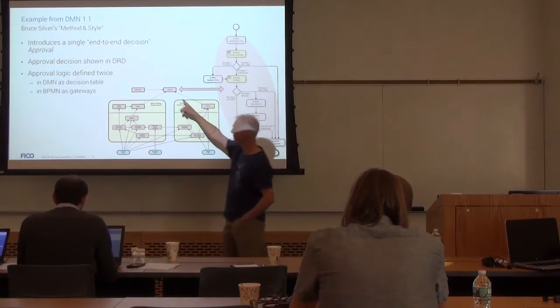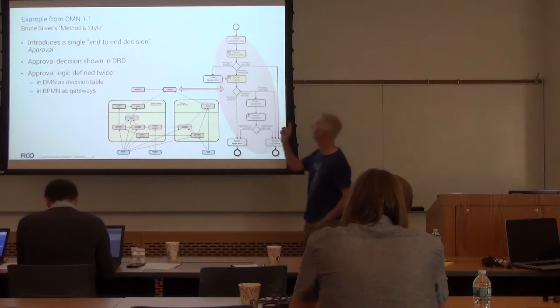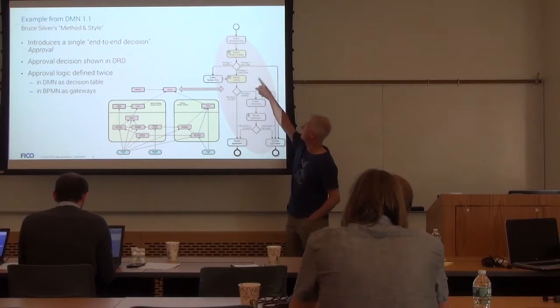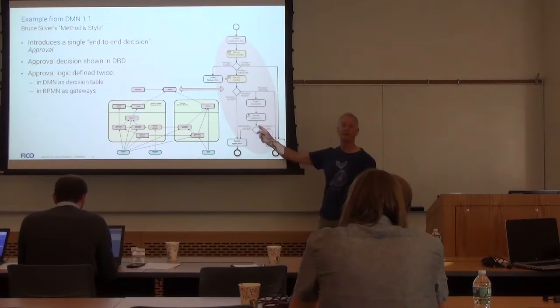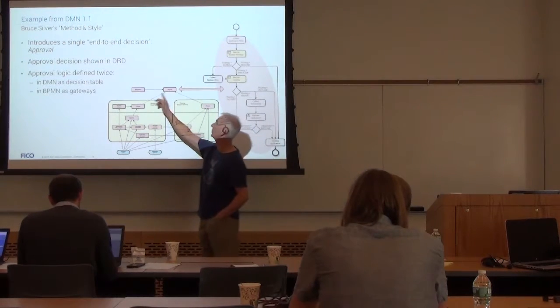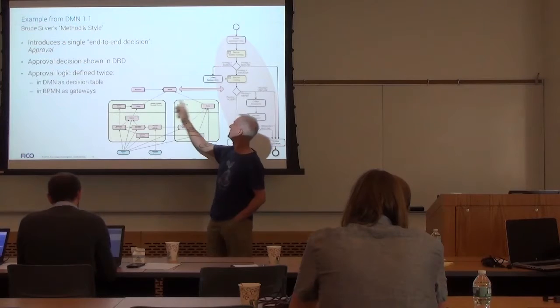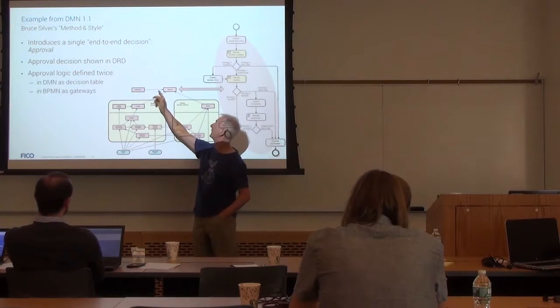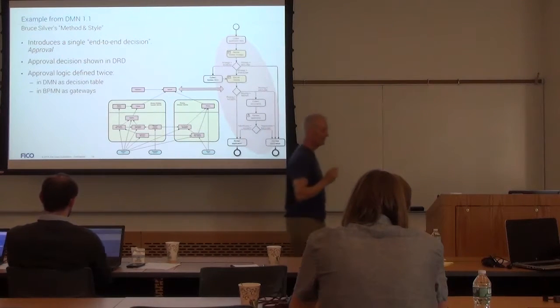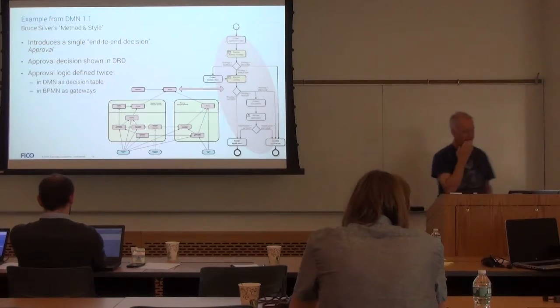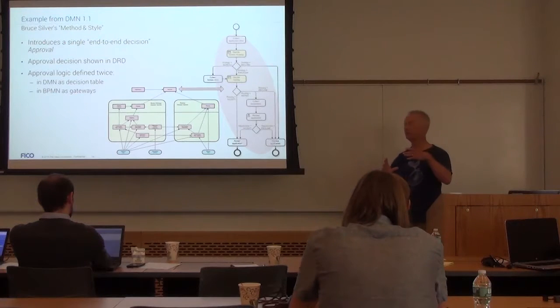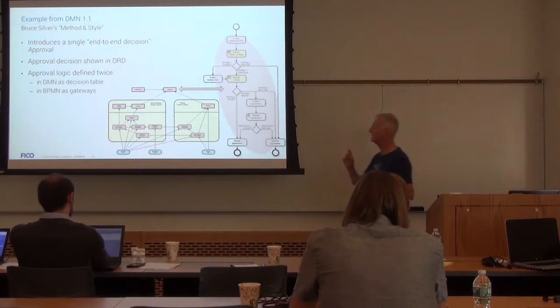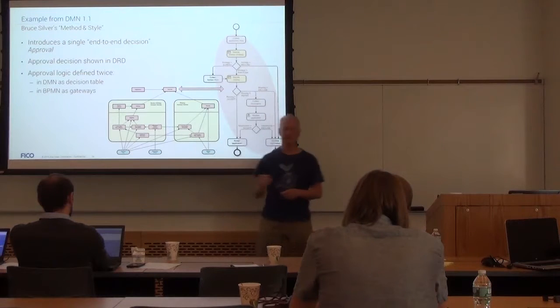There it is. That decision depends on three things. It depends on what's decided at that first gateway, what's decided at the second gateway, and what's decided by the human reviewer here. So we have those three requirements here: strategy, routing, and the adjudication by the human case officer, and our approval decision. Bruce then shows you can draw up a decision table to show exactly what decision making is here.